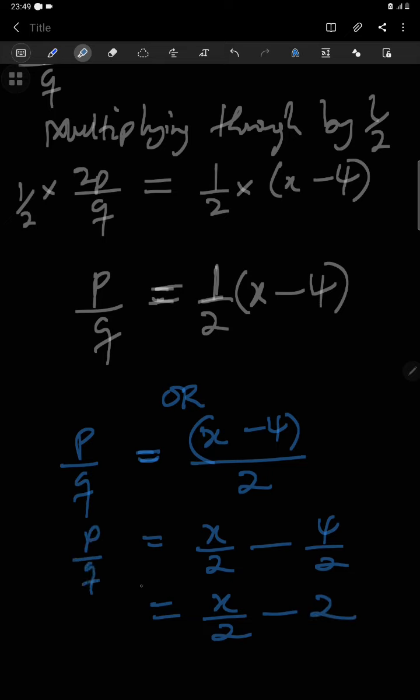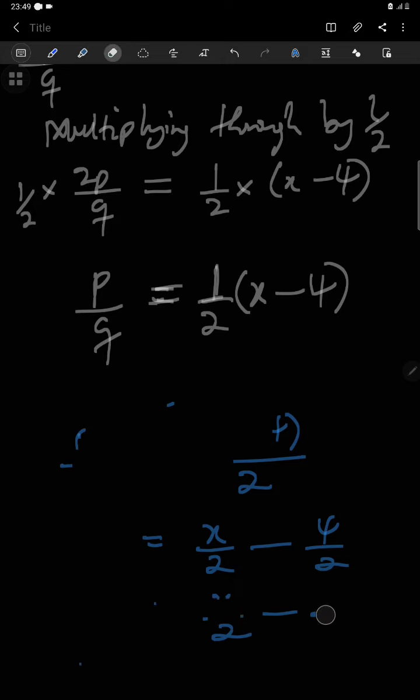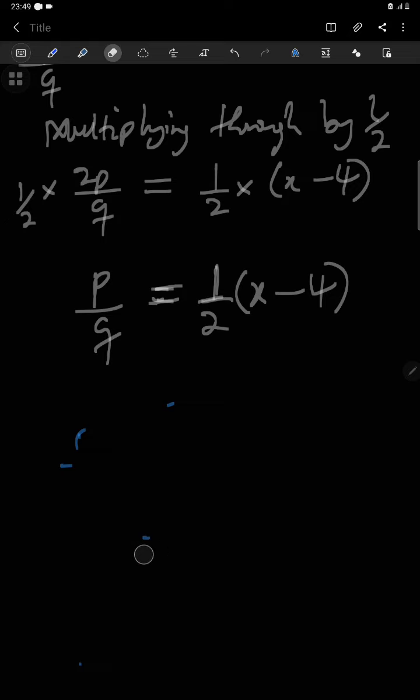So p over q is that. Whatever way is acceptable. If you end here too, you are not wrong. I think if you end here, it is not bad. So let me end here.